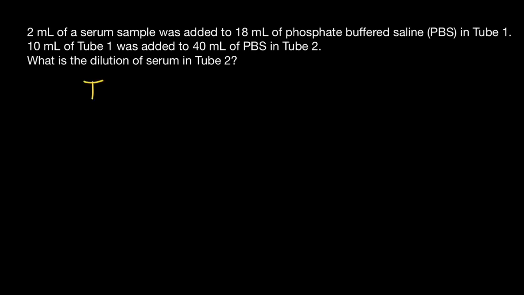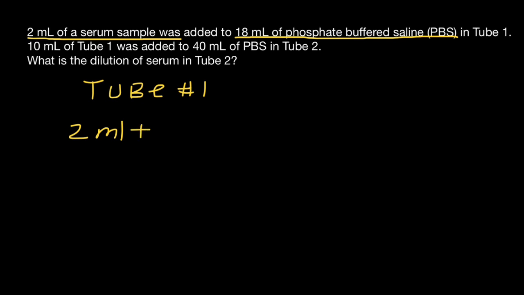So here's the tube number 1. In this first test tube, we put 2 milliliters of the serum sample and added 18 milliliters of the PBS. So 2 milliliters plus 18 milliliters, and we are going to get 20 milliliters.